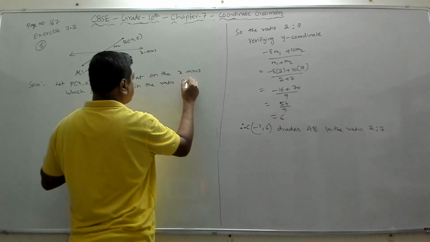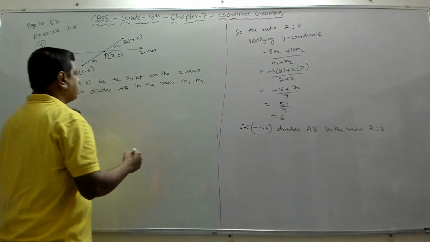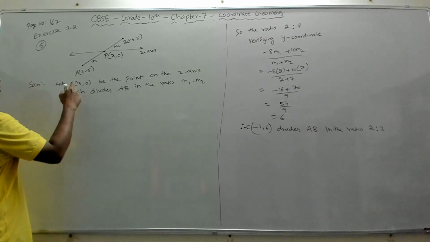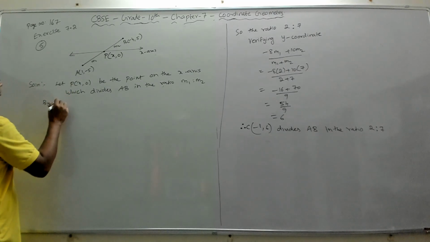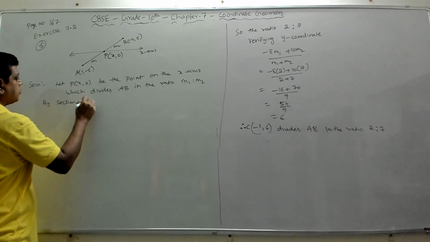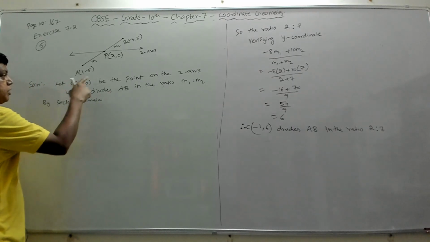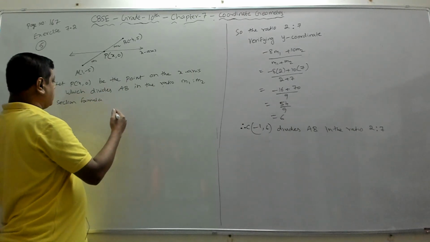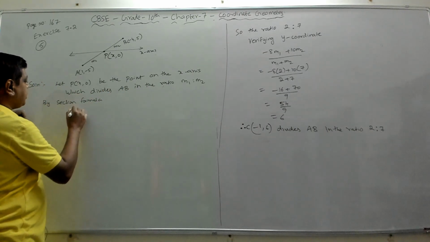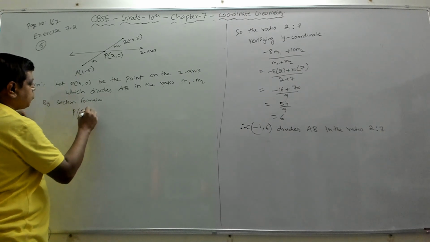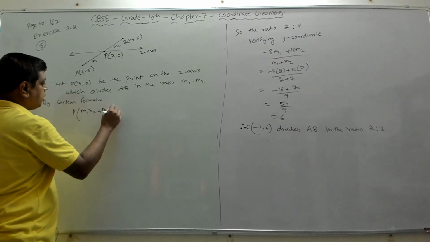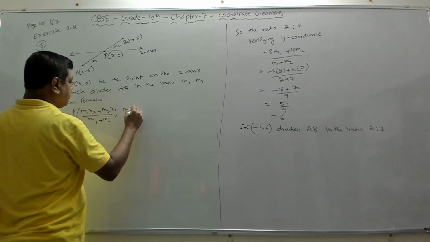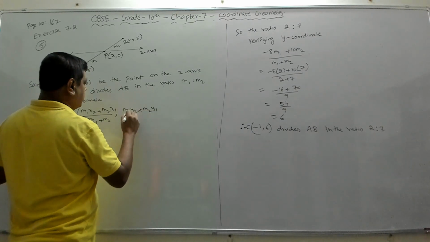We don't know the ratio, that's what we have to find. Now by the section formula, we can find the point P which divides AB in the ratio m1 is to m2 internally. So P is m1 x2 plus m2 x1 by m1 plus m2, comma m1 y2 plus m2 y1 by m1 plus m2.